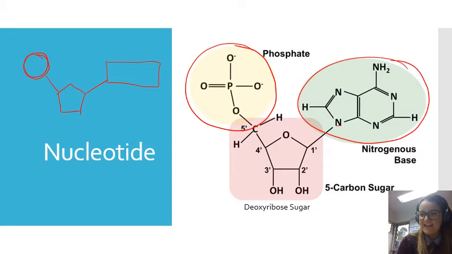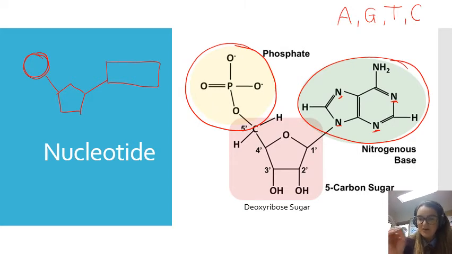And here you can see all the little nitrogens that are embedded within that base structure. Everything stays the same always, except for that nitrogenous base, depending on which base we are looking at. It could be adenine, guanine, thymine, or cytosine. And we'll unpack that further in the next few slides.